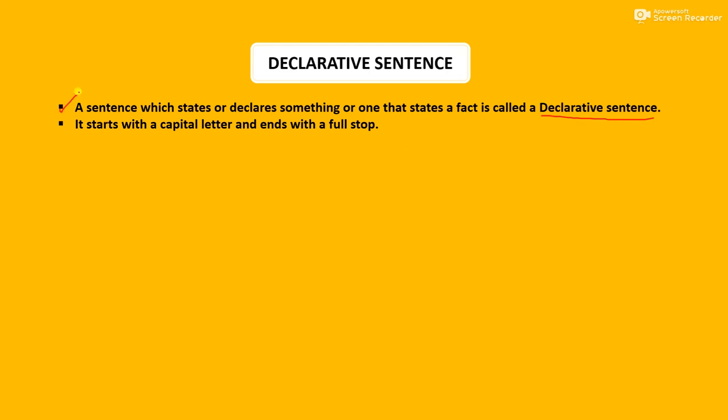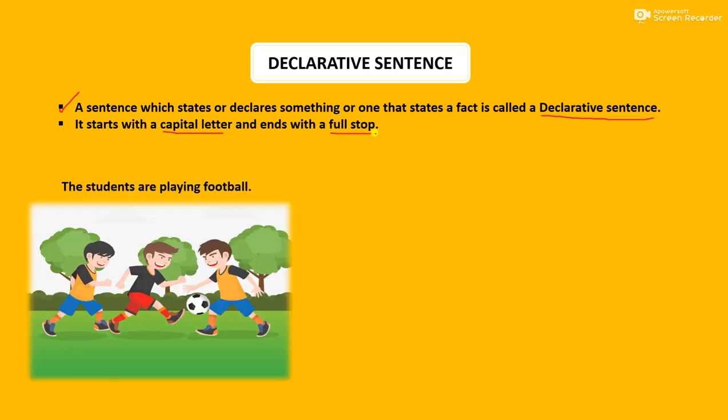Now every declarative sentence, or for that matter every sentence, starts with a capital letter, but in the case of a declarative sentence it usually ends with the punctuation, that is a full stop. Now let us understand declarative sentences better with the help of examples.